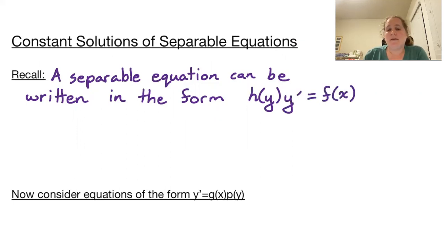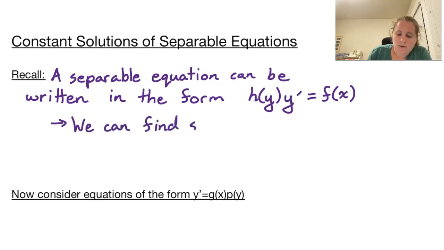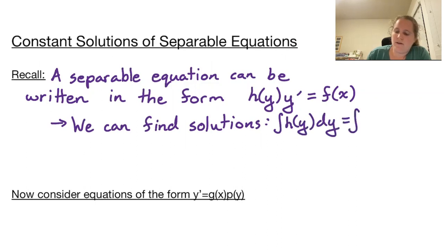And we saw then that we could find solutions by integrating both sides. So we had the integral of h of y dy is equal to the integral of f of x dx. And I'm going to write the plus c just to show that we have it.